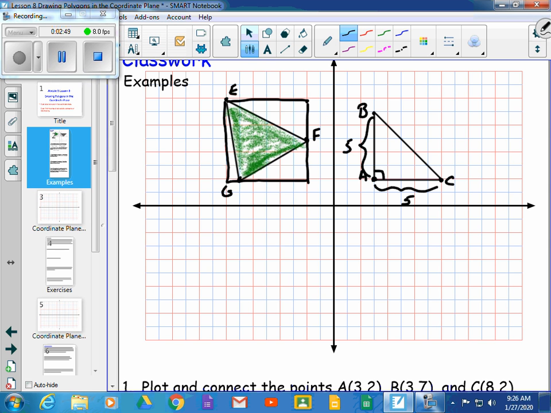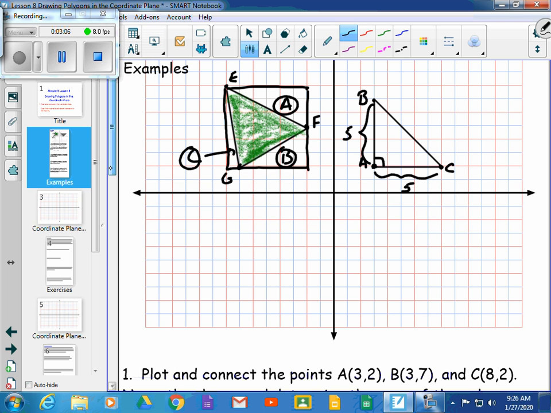I'm going to call this triangle A here, this triangle B, and then this one here I'm going to call C. If we find the area of the rectangle and subtract away those outside 3 triangles, what we should have left is the area of the inside triangle.